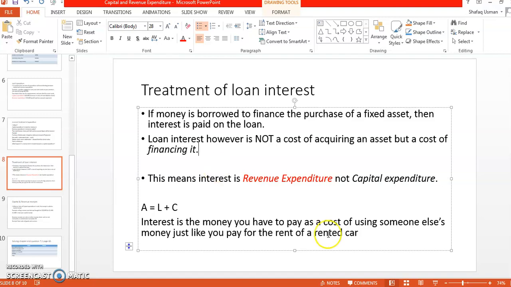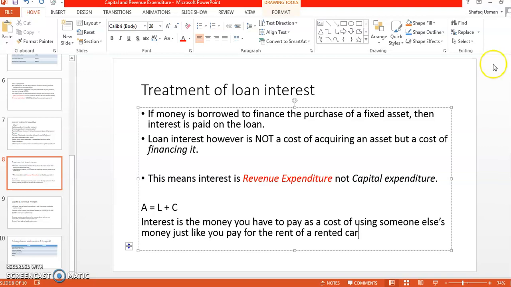It is your revenue expenditure. Why? Because this additional money is a cost of using an asset. If you remember, when you buy machinery, it is a capital expenditure because it is an asset. But when you buy the diesel for running that machinery, it is revenue expenditure.